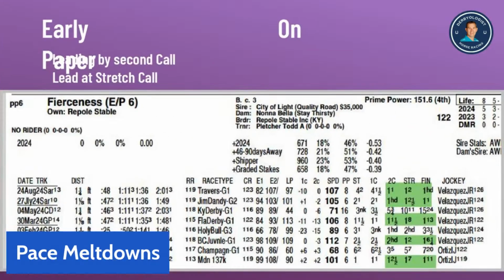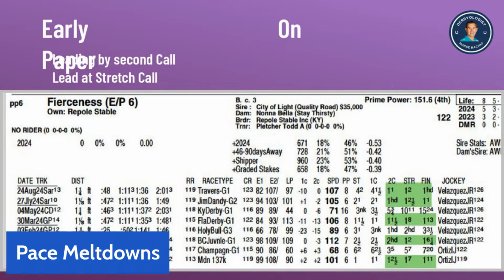Now, one thing about Fierceness, 5 for 5 when leading at the stretch. In the Kentucky Derby, he was already starting to get gas, 10th by 11th, and he got a little bit of pressure in the Holy Bull. We had Hades take advantage of that inside post that day, on a day when the speed may have been advantageous to be on the inside.